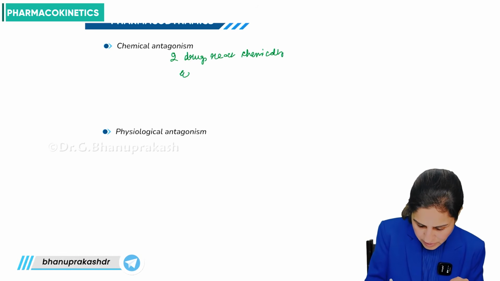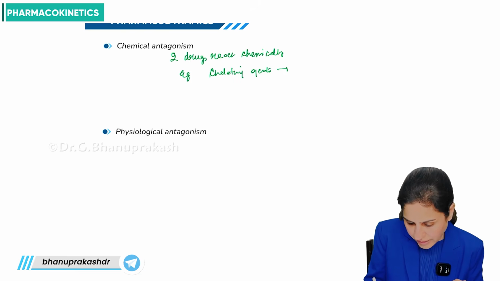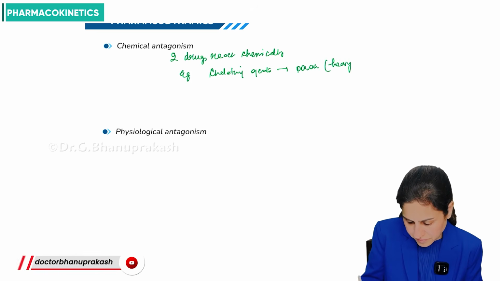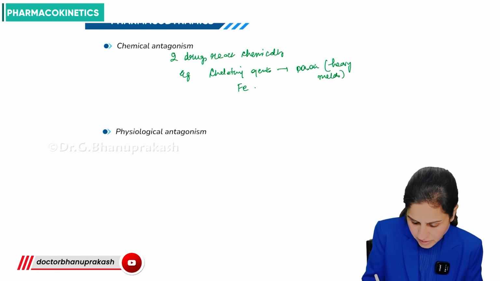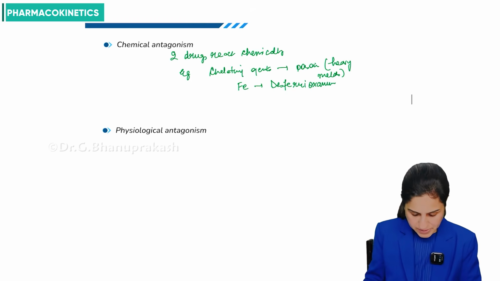So for example, we have a chelating agent which will react with the poisons or the heavy metals. Iron will react with desferrioxamine, right? So this is a chemical reaction that takes place.